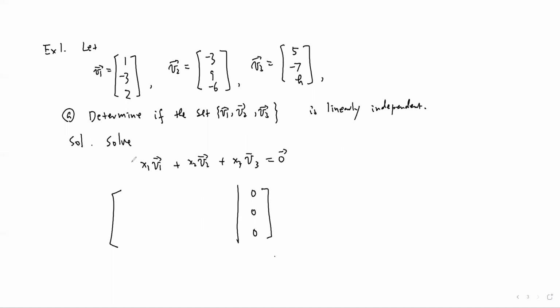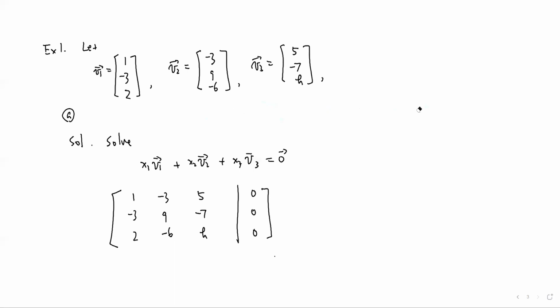Then the first column is 1, -3, 2, then -3, 9, -6, and then 5, -7, h. Sorry, the first question is not this question. I'm sorry, I picked a long example to present. Now this is the correct example.